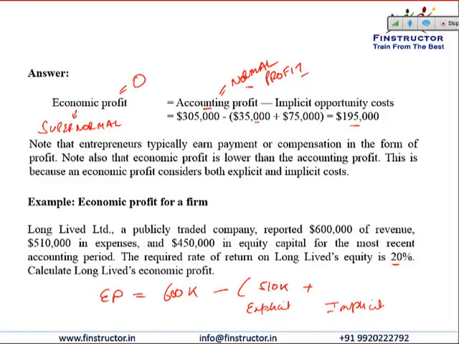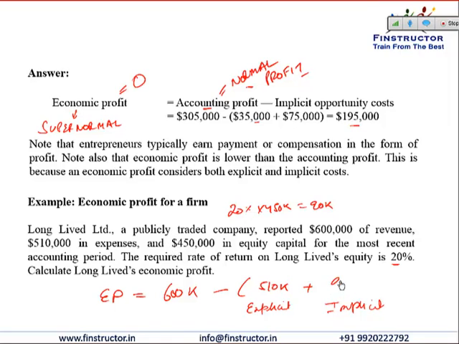So if Long Lived had not invested the $450,000 in equity capital, then the equity capital in any other similar risk investment could have earned him $90,000, that is 20% of $450,000. So the $450,000 that have been invested in this company are losing out how much?